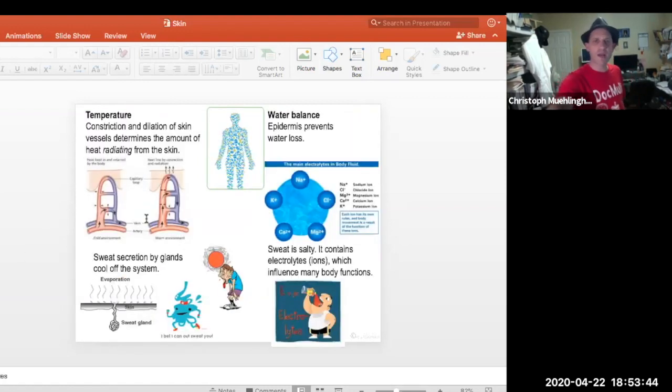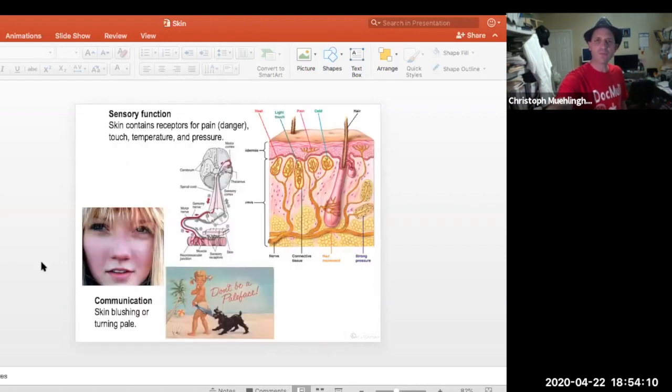You guys understand all that? Temperature stuff, the sweating and the radiating off the heat. That makes sense? And the sweaty, salty stuff, that's where Gatorade comes in, right? If you sweat too much and you just drink water, you're going to not have enough electrolytes at some point. That's where something like an electrolyte solution comes in. And then sensory function, of course, we can communicate with the skin heavily too.